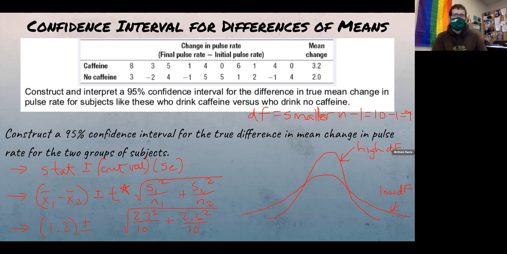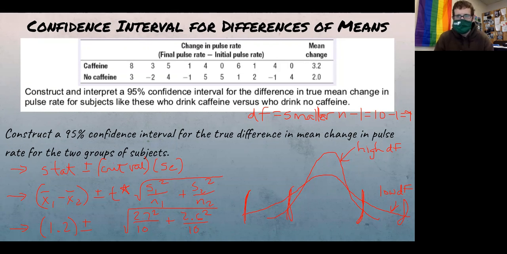So if we want to be more conservative in our confidence interval, going with the lowest reasonable degree of freedom is the best bet. Okay, because that's going to give us a wider confidence interval. So maybe our confidence interval goes from here to here rather than from here to here. And we want to make sure we're really getting 95% confidence with this.